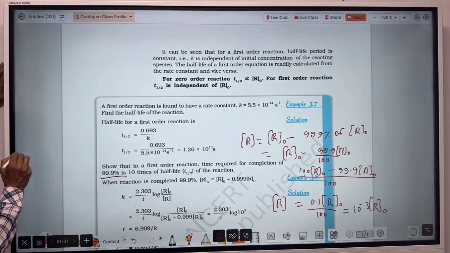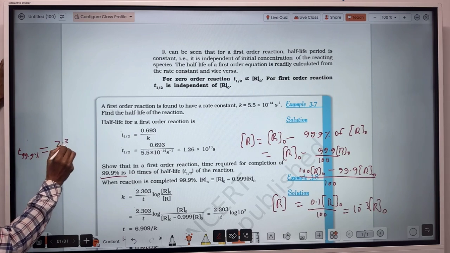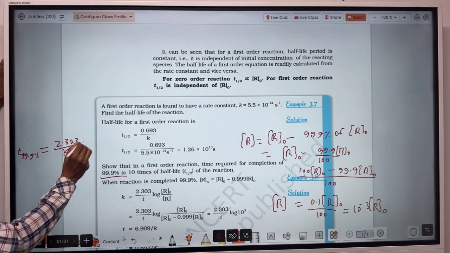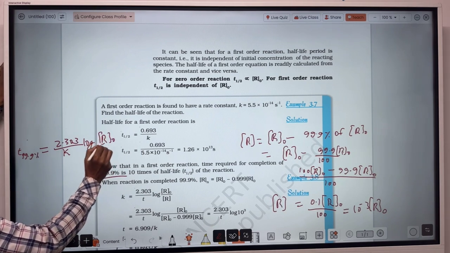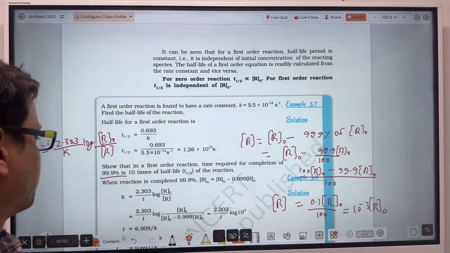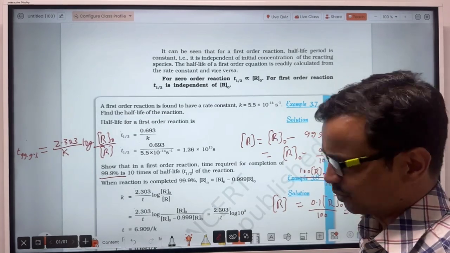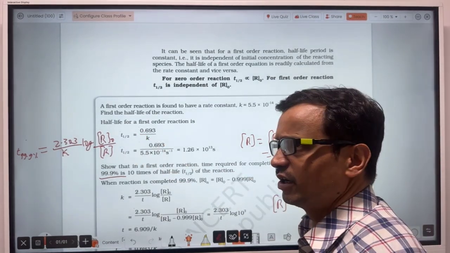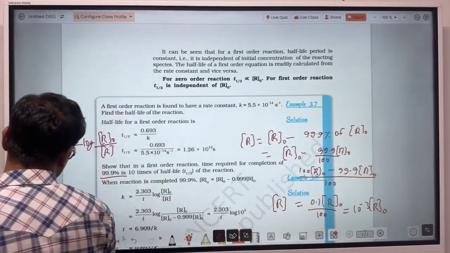So you know already that T for 99.9% will be equal to 2.303 upon K log R naught by R. This is the formula you already know for the first order reaction. The time required for 99.9% completion of the reaction is 2.303 upon K log R naught by R, and R I have calculated as 10 raised to the power minus 3 R naught.